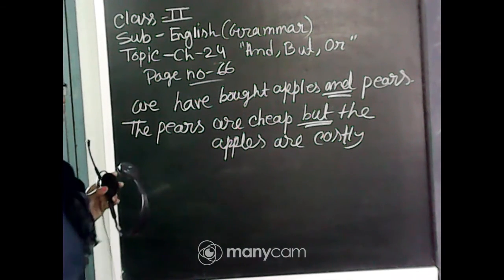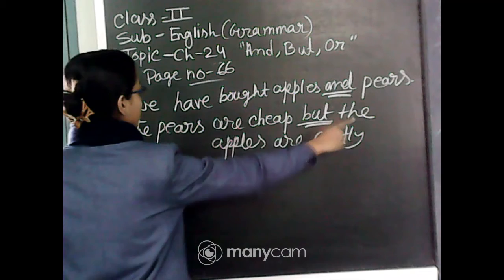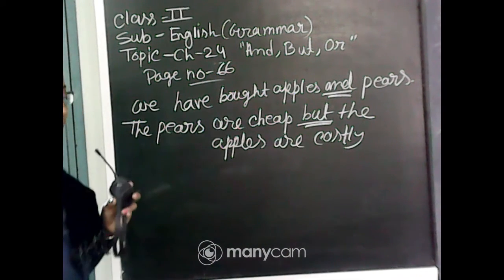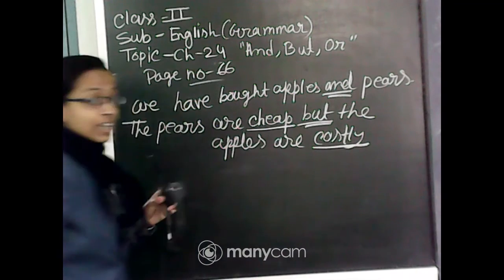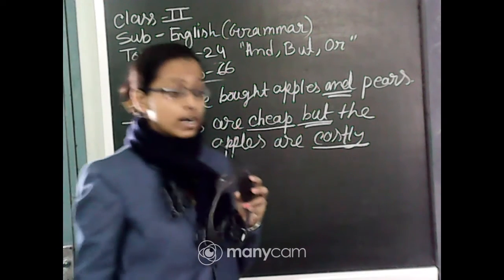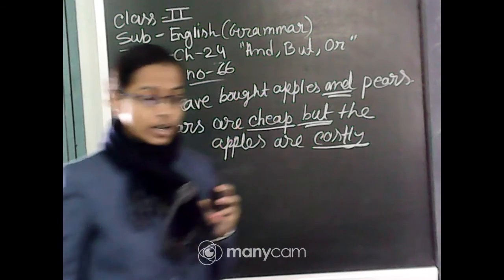So, in the second sentence, the pears are cheap but the apples are costly. We can see two contradictory sentences, and by the words cheap and costly, these are two opposite kind of words.